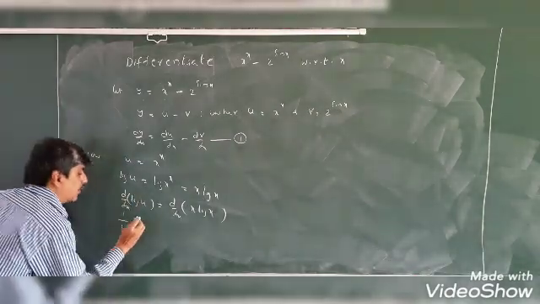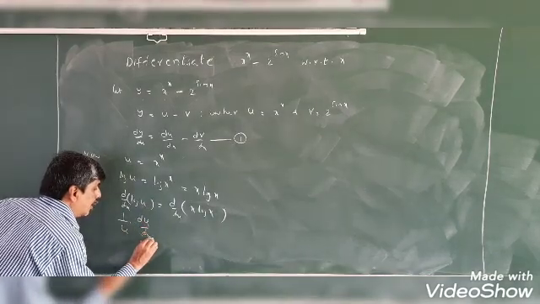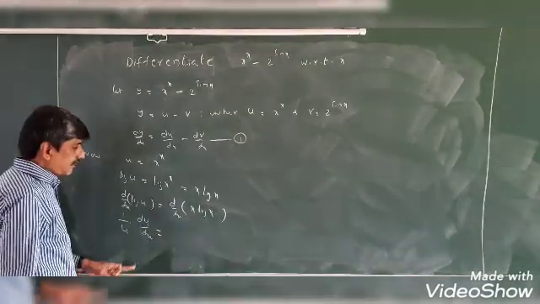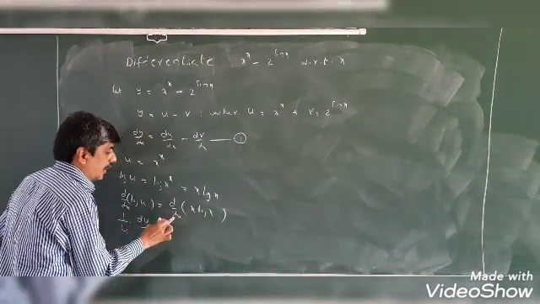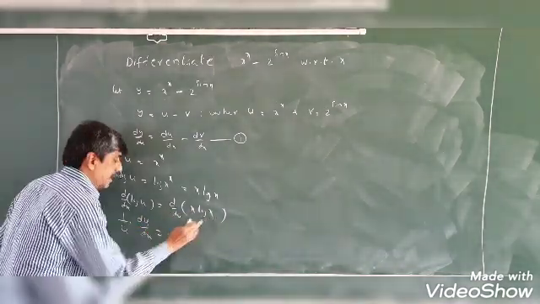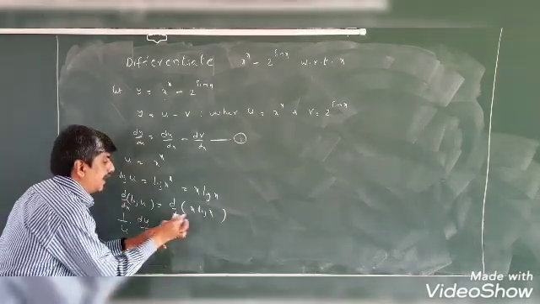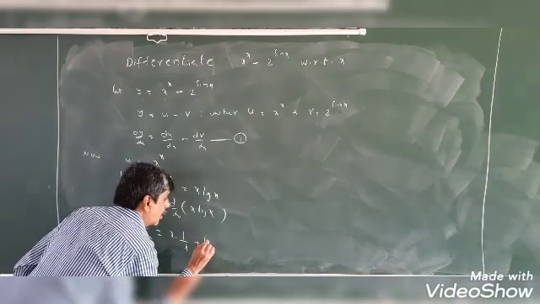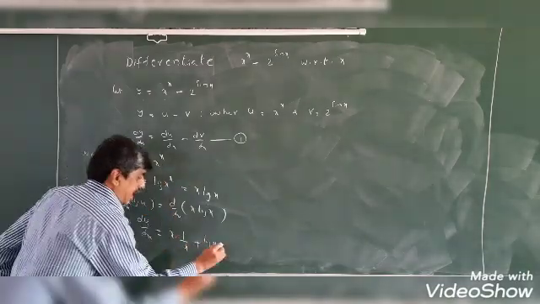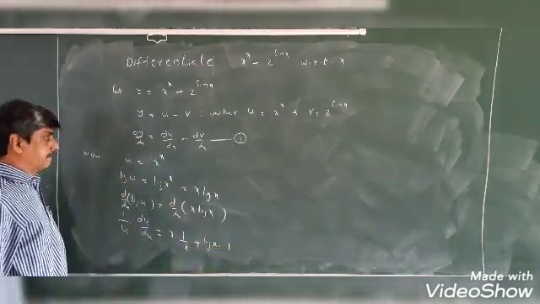Then d by dx of u we write as du by dx. Here d by dx of x into log x, use d by dx of u into v: x into d by dx of log x is 1 by x, plus log x into d by dx of x is 1.